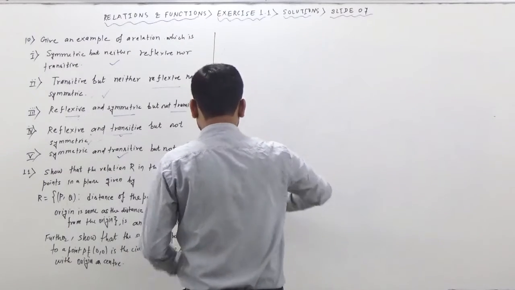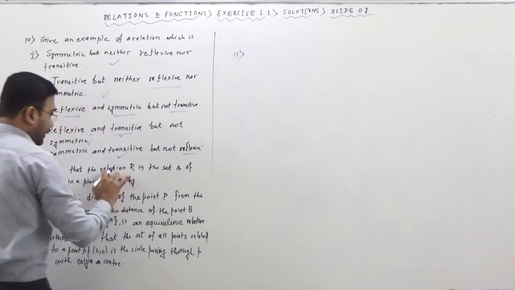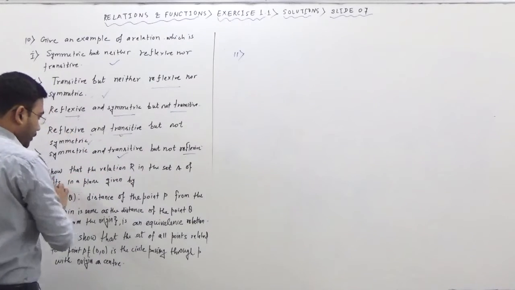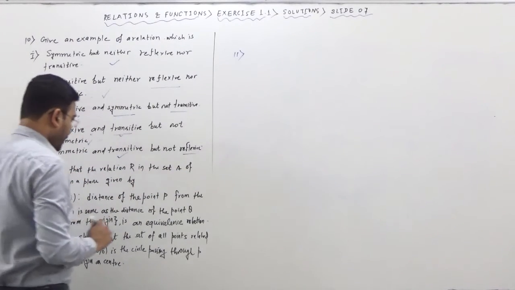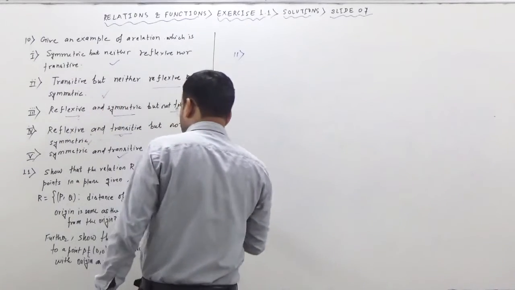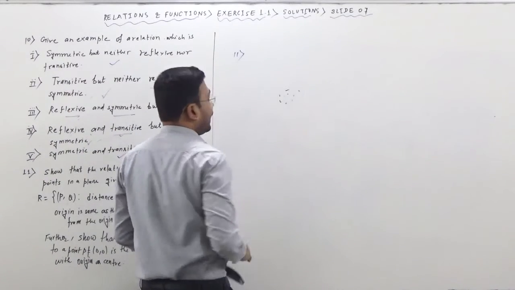The question says, show that the relation R in the set A of points in a plane given by R is equal to, so what is A? Points in a plane. Any plane has an infinite number of points.